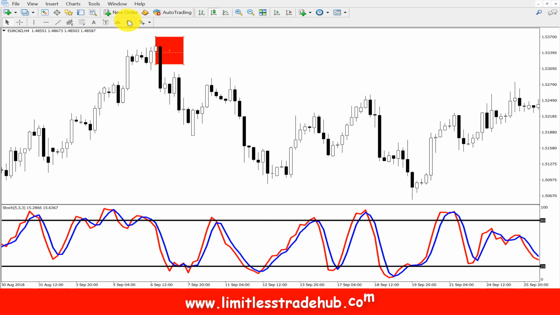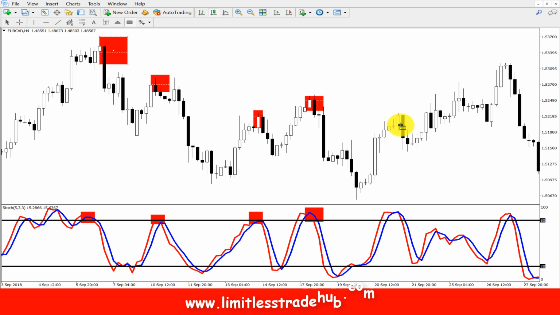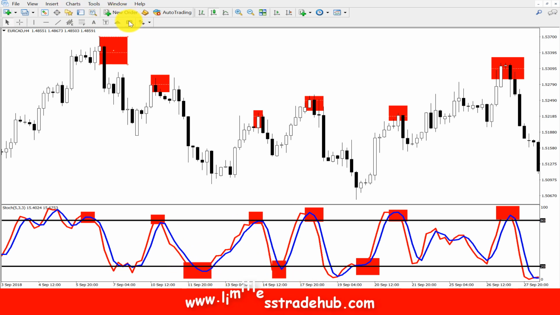Okay, here the market is making a swing point, so we need to be very careful when we watch the market. Like here, this is the point.